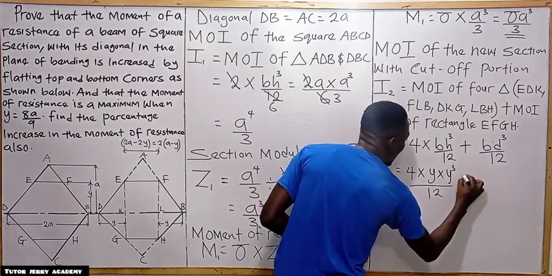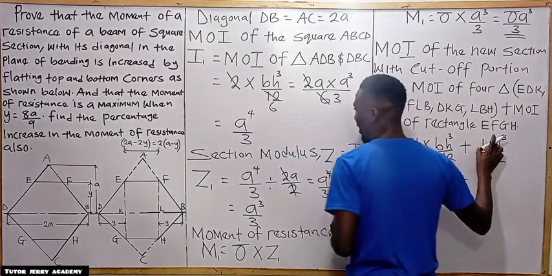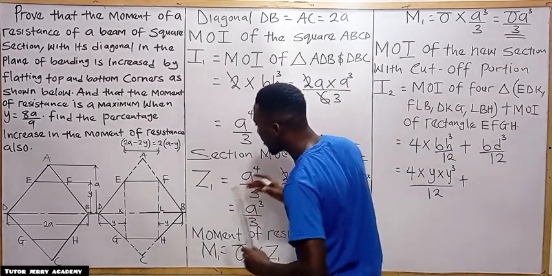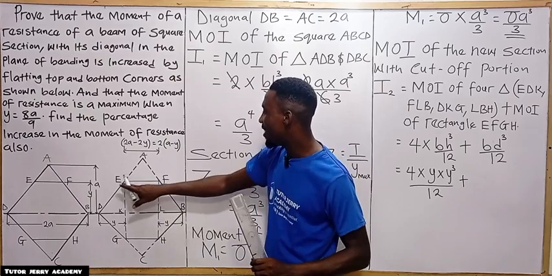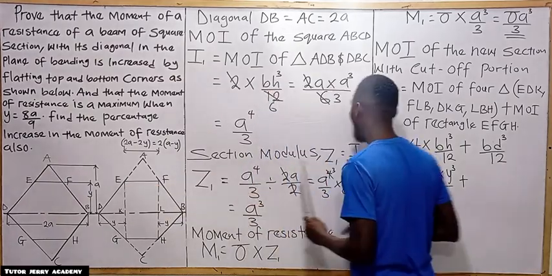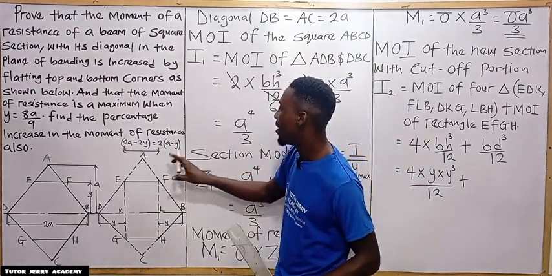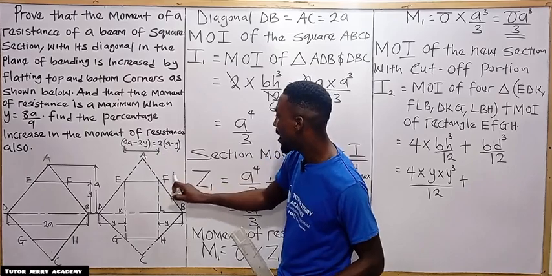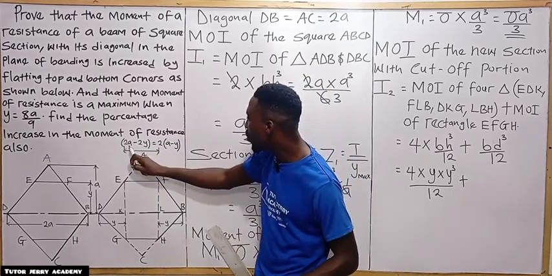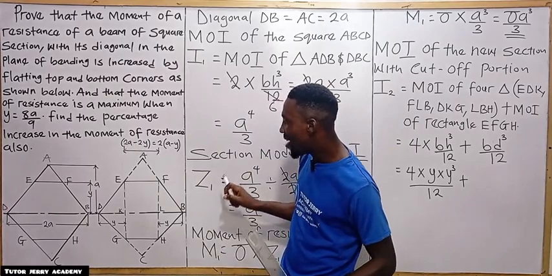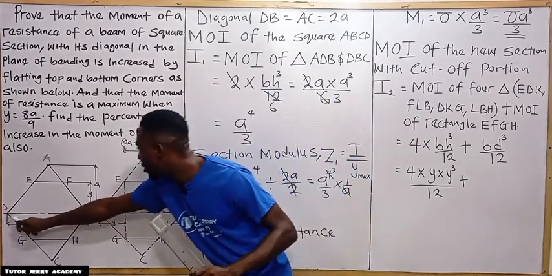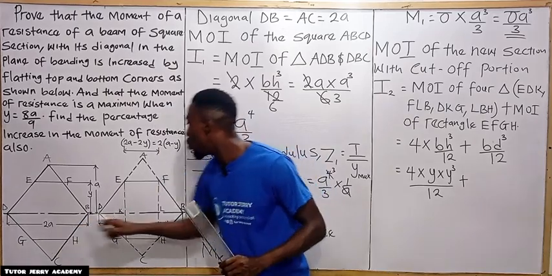Plus, now the base of this rectangle is EF. And EF is the same thing as 2a minus 2y. How is it 2a minus 2y? Look at it. From this point to this point, everything there is 2a.